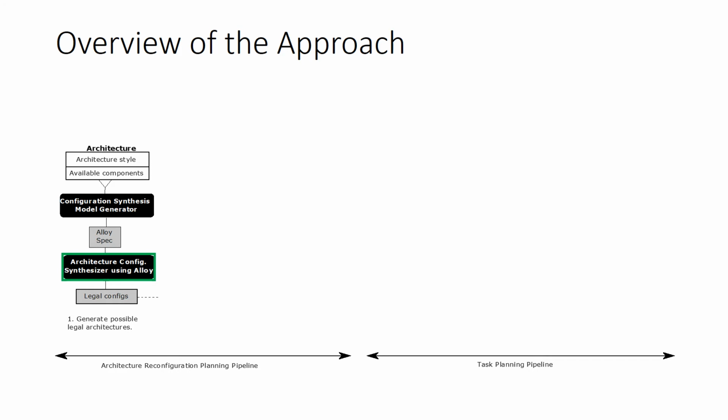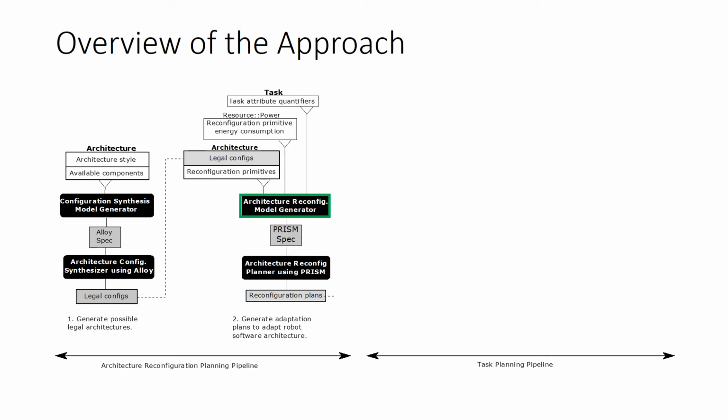The second stage in the architecture reconfiguration pipeline generates reconfiguration plans to adapt the robot software architecture. In this stage, the architecture reconfiguration model generator component receives as input the set of legal configurations produced in the previous stage, as well as the set of reconfiguration primitives available from the architecture model. From the resource model, it obtains the predicted energy consumption required for those reconfiguration primitives.